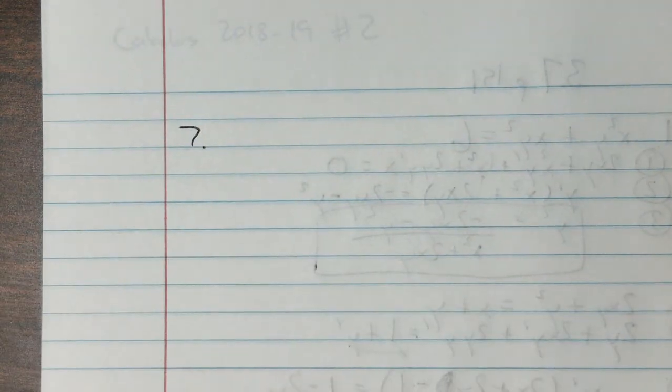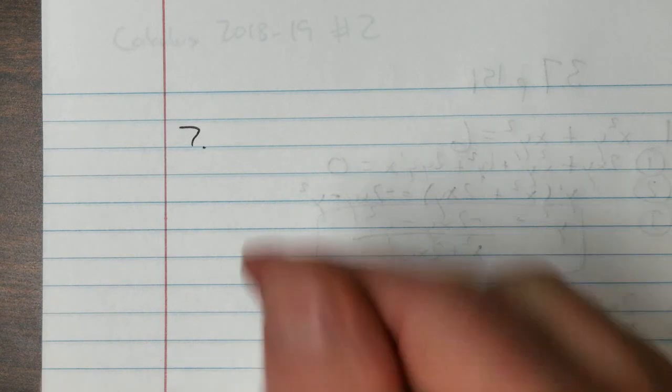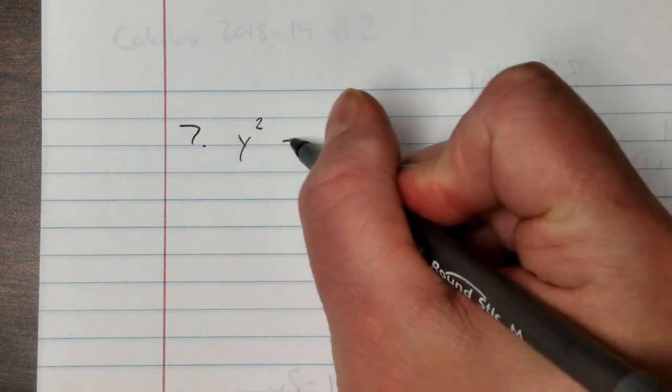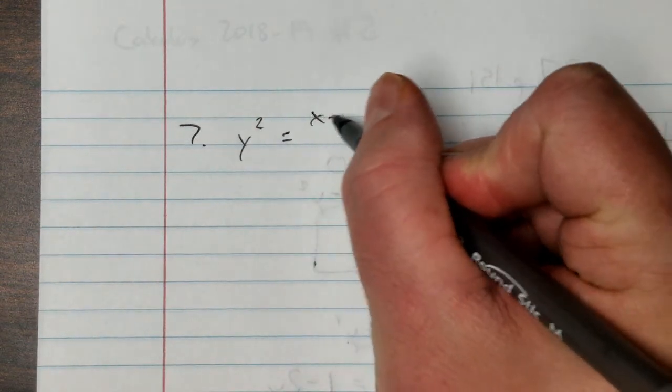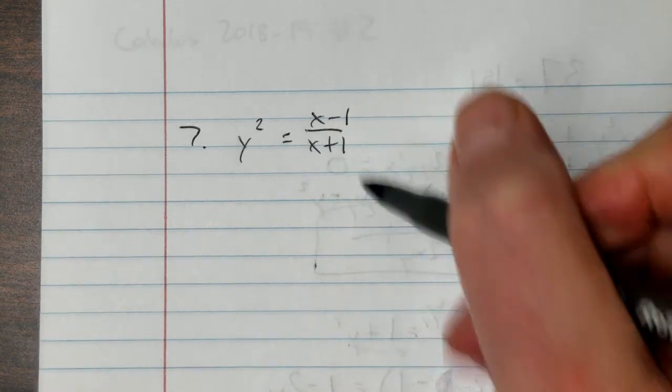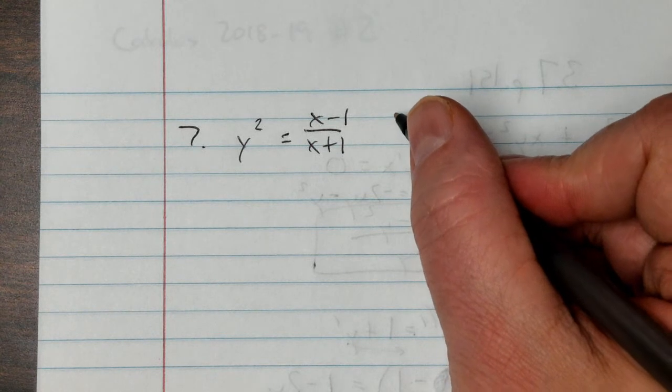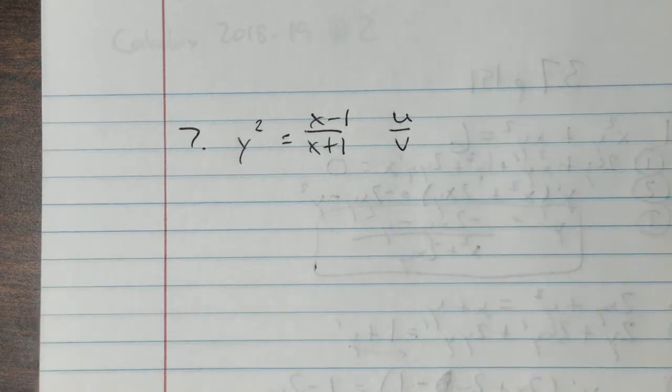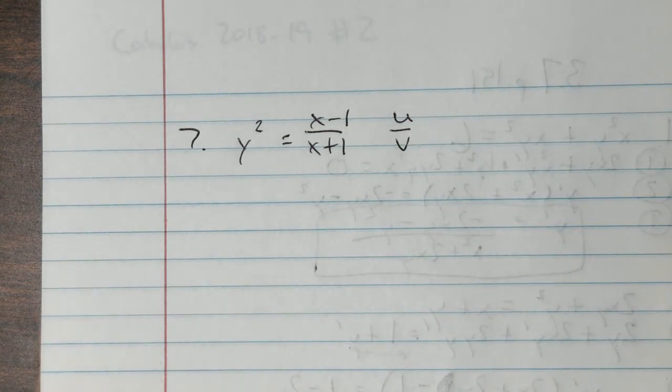And on this one, it says y squared equals x minus 1 over x plus 1. So this one we're going to have to use u over v using our quotient rule.